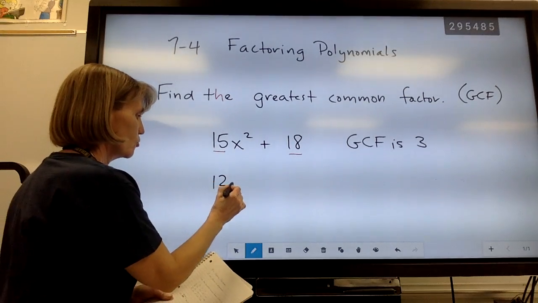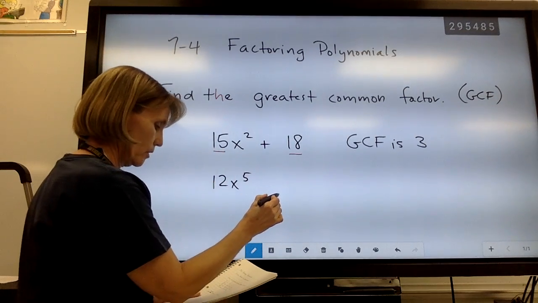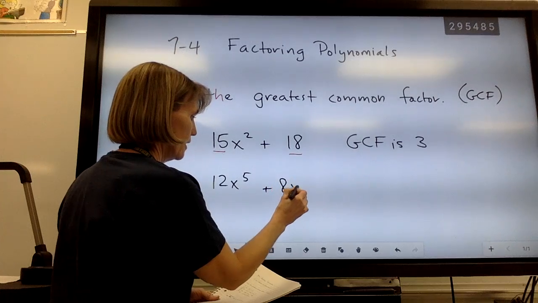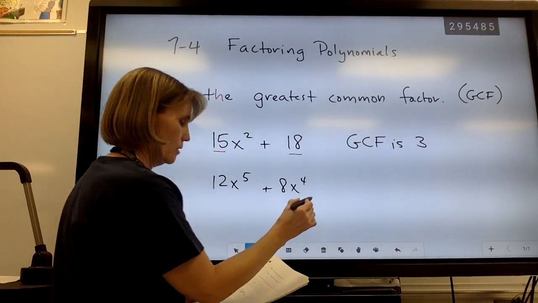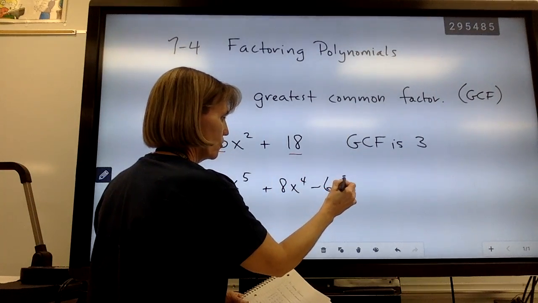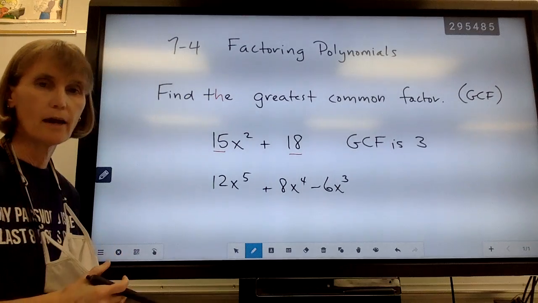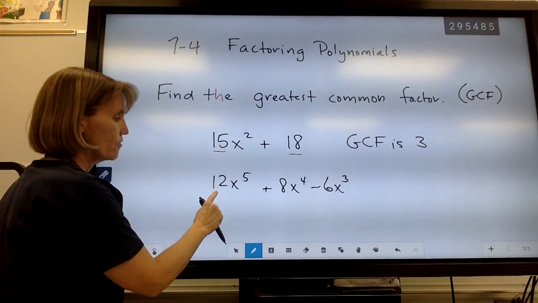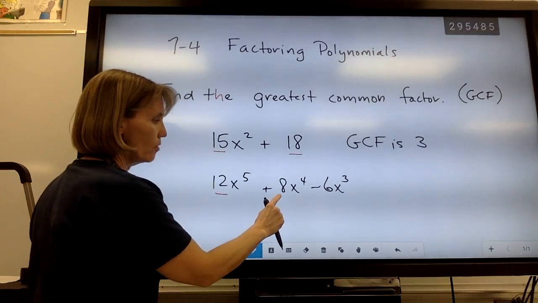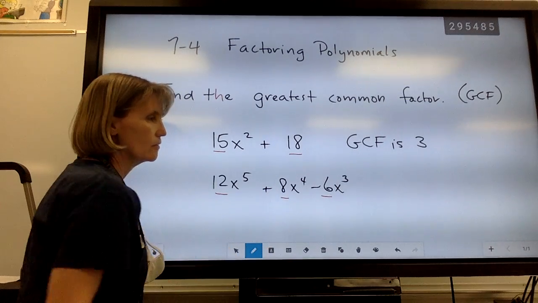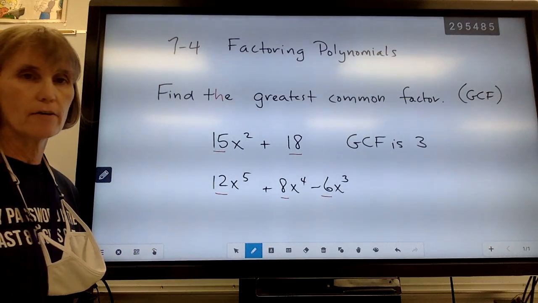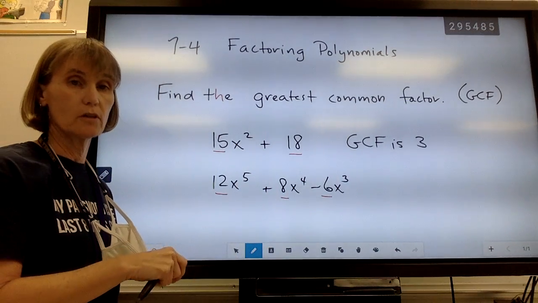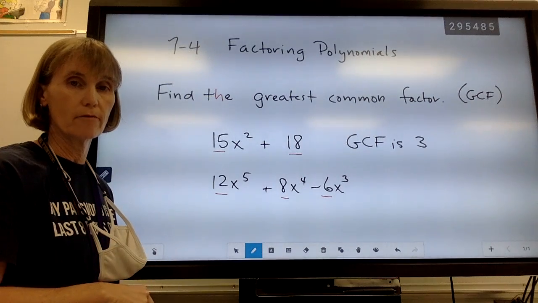Try this one. If I had 12x to the 5th plus 8x to the 4th minus 6x to the 3rd. I start with the coefficients here, or the constants. I've got a 12, I've got an 8, and I've got a negative 6. What's the largest value that divides into all 3 of those numbers? What common factor do they have?